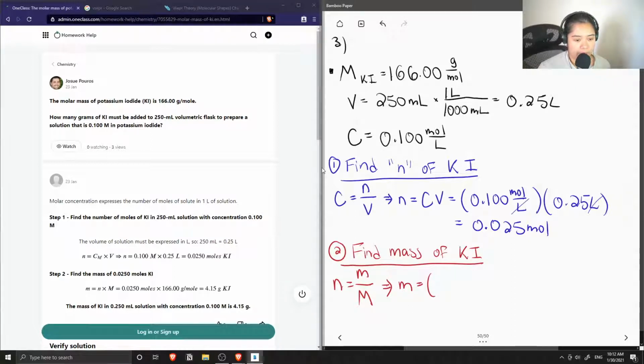The number of moles is what we found in the previous step, 0.025 moles, and the molar mass was already given to us, 166.00 grams per mole. Now if we multiply the two, our moles will cancel out, and the number of grams we get is 4.15 grams.